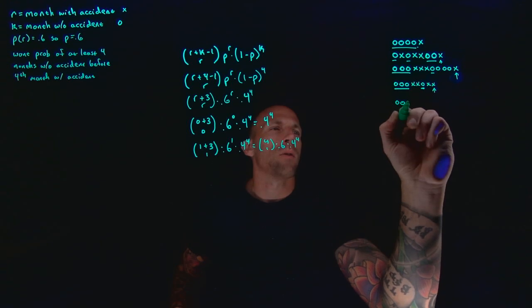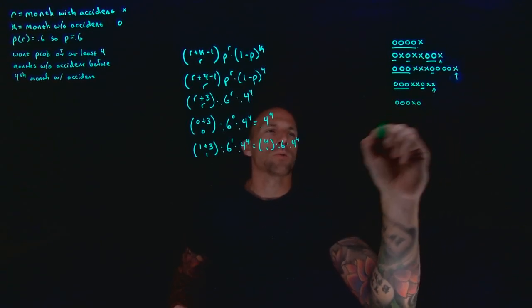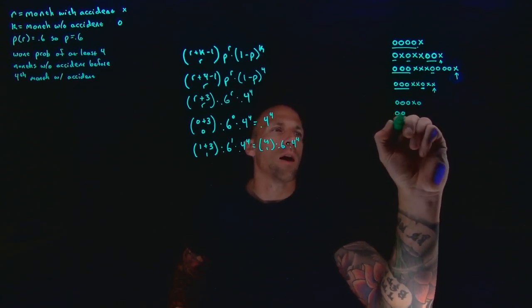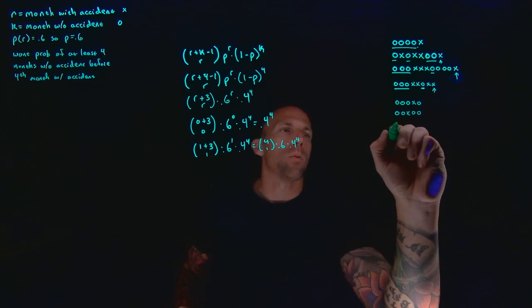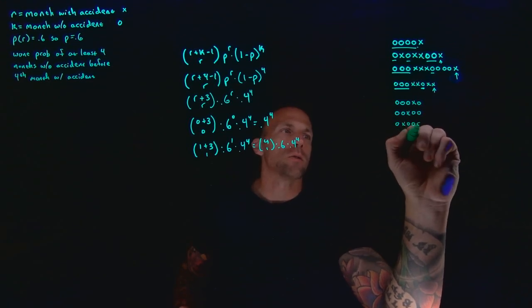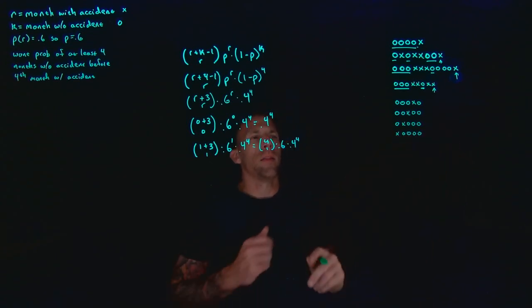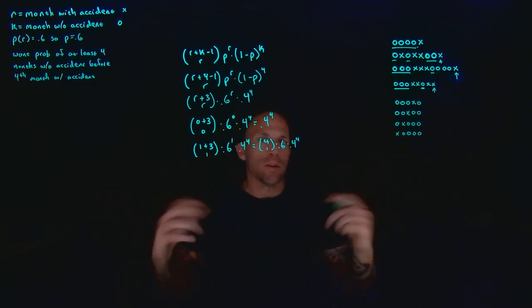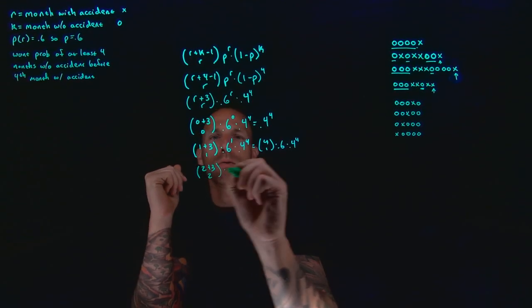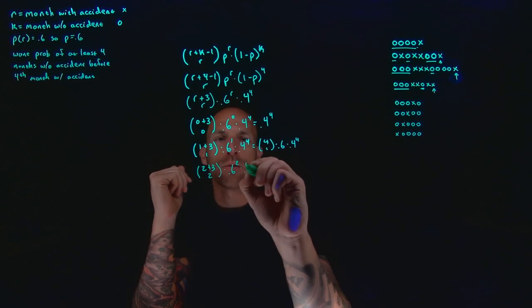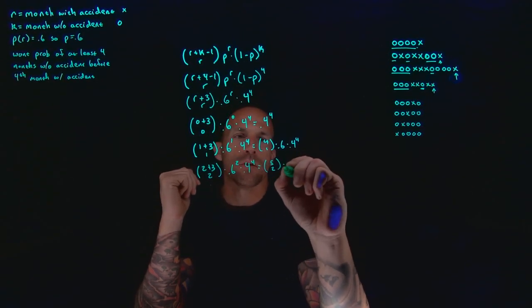We could have one accident mixed in to our first 4 months without, but that one accident could happen one of 4 ways. That's why we have the 4 choose 1 on there. Could be there were 2 accidents mixed in. So that gives us 2 plus 3 choose 2, 0.6 squared times 0.4 to the 4th. Of course, that simplifies to 5 choose 2.